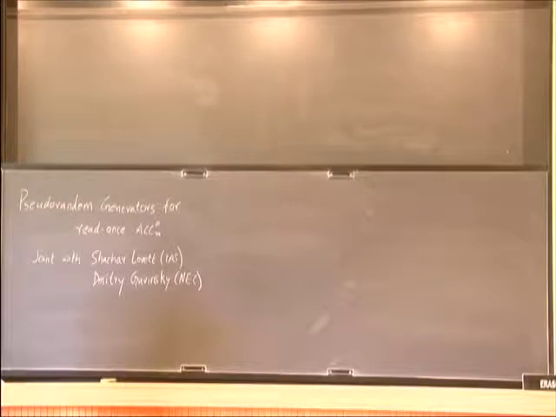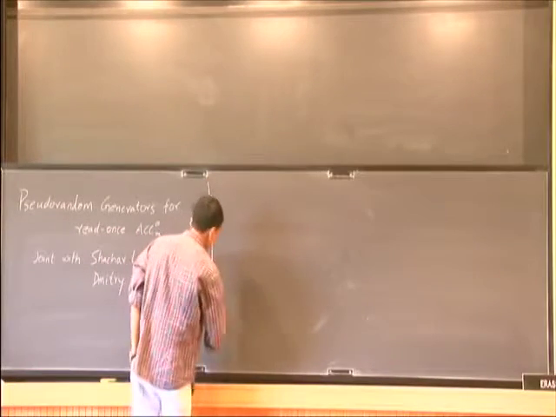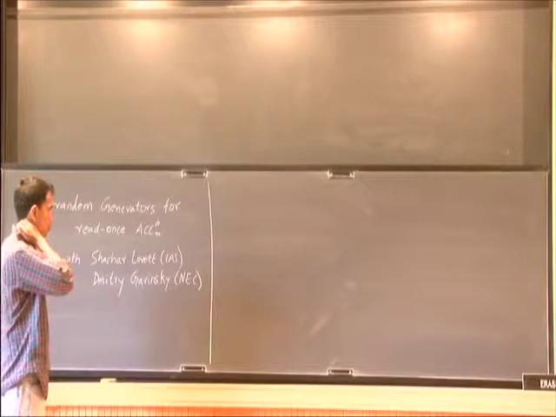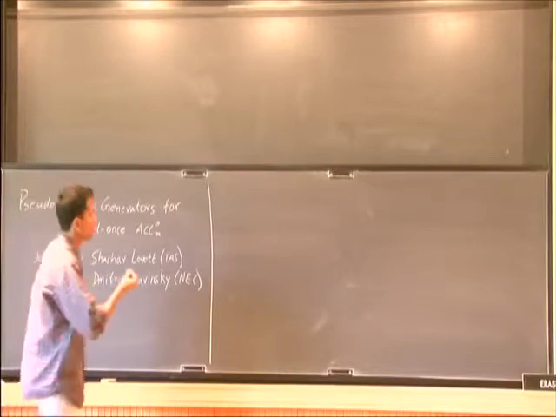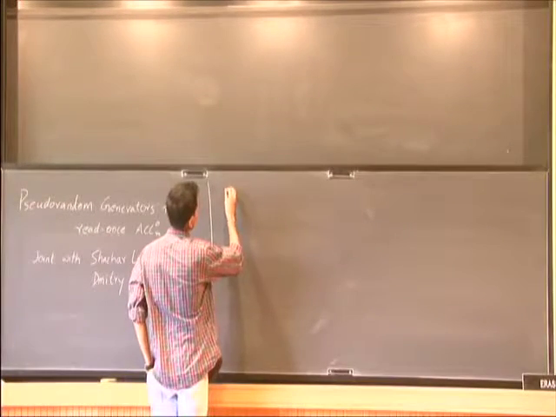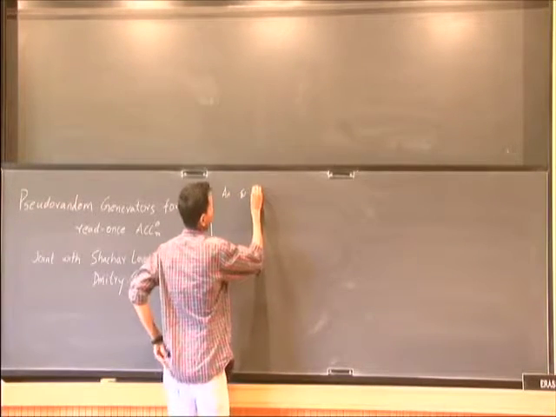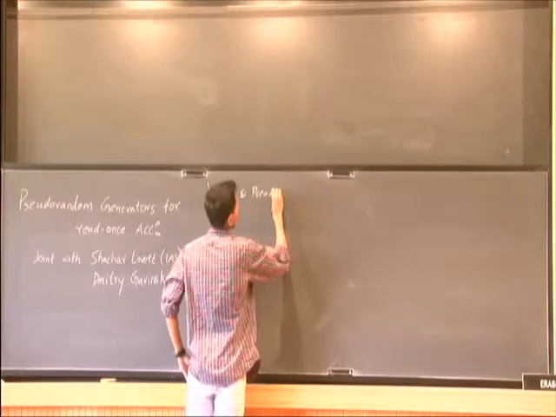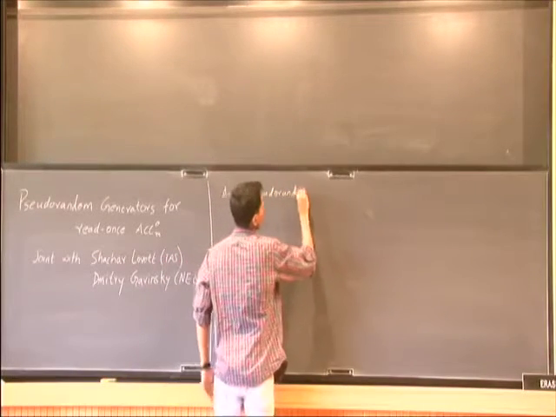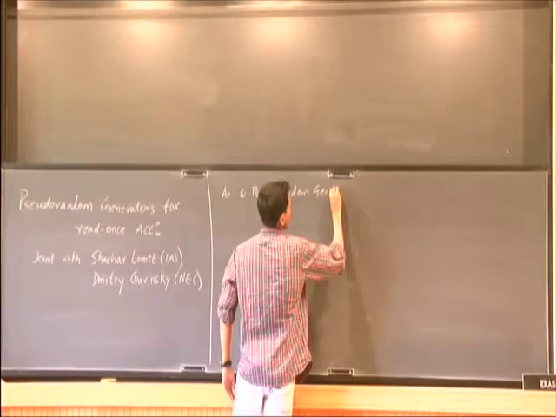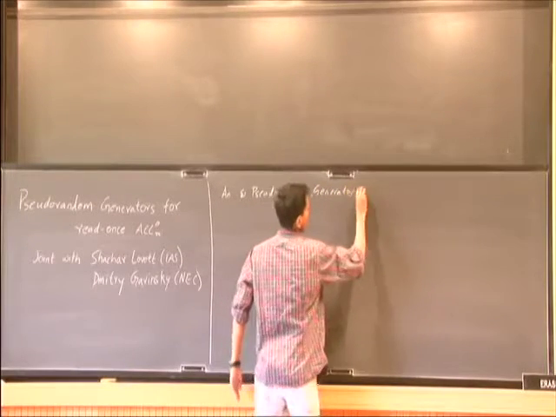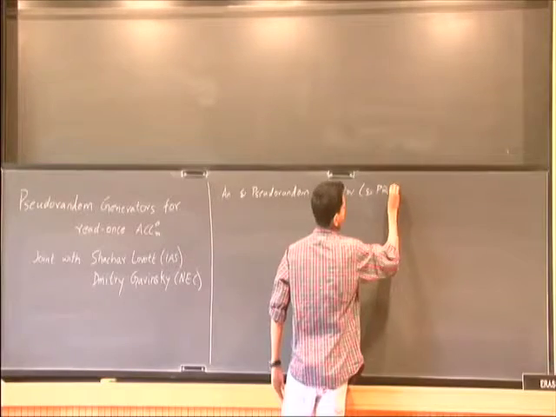Okay, so I'm going to talk about pseudorandom generators for a certain class of circuits. Let me start off with some basic definitions, though not too much of it should be new to this audience. Just to fix some notation, an epsilon pseudorandom generator, epsilon PRG for short.